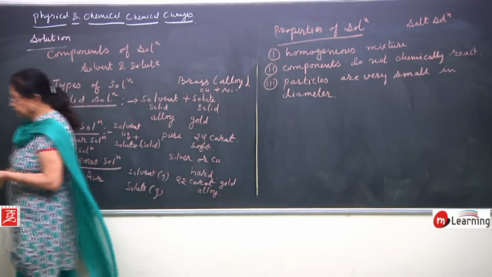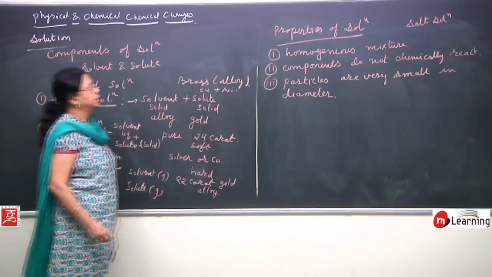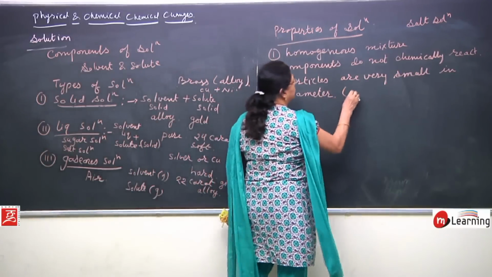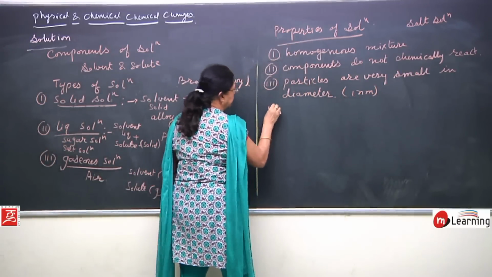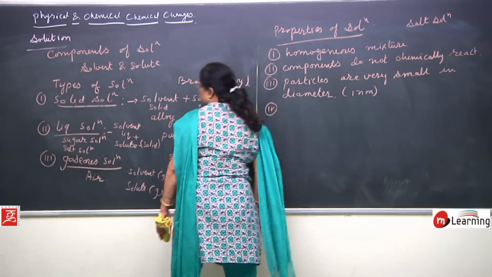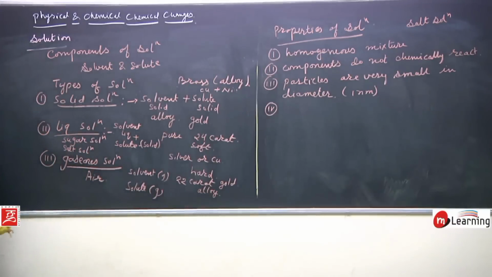So, can you see the particles? They are very small, you cannot see them, and the size is about 1 nanometer. Size of the particle is about 1 nanometer. So, you can say that the particles are very small, you cannot see.